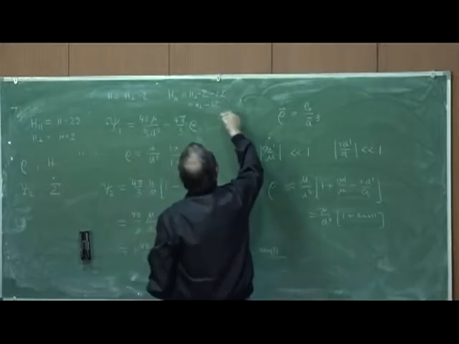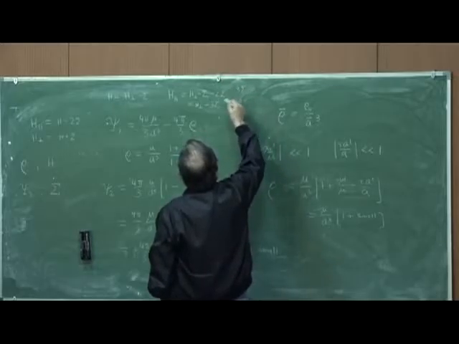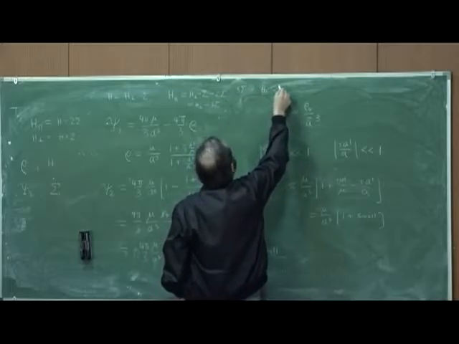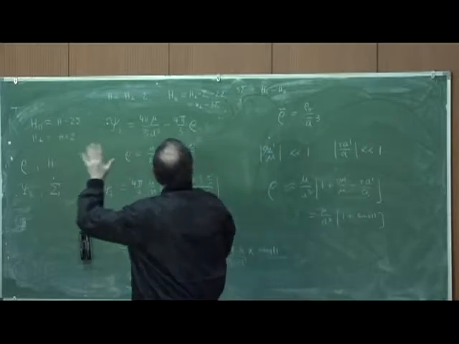And from here you obtain sigma. Here you obtain that 3 sigma is equal to H perpendicular minus H parallel. And you do the same for H, and you obtain the H.